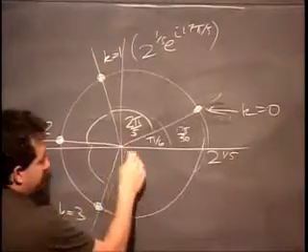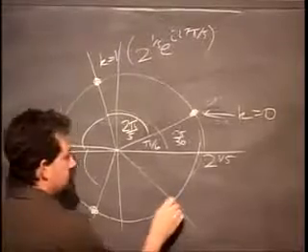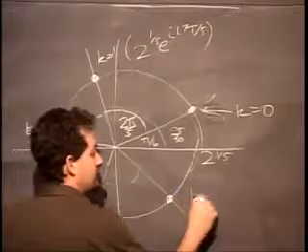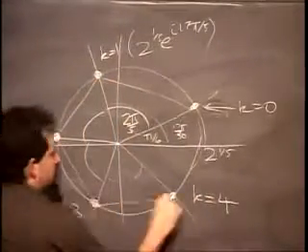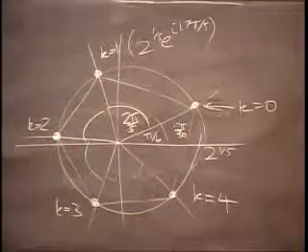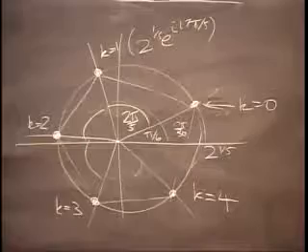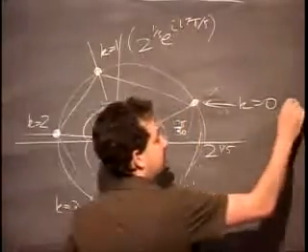And then k equals 4, you add another 2 pi over 5. So the points actually lie on a regular pentagon. The roots lie on a regular pentagon. And this is nice, and it also shows us why k equals 5 will just take us back to the first point.